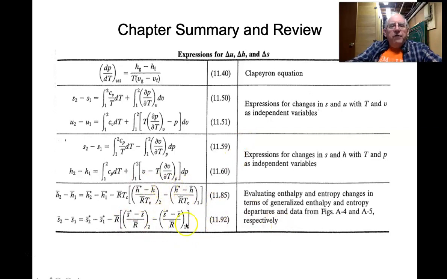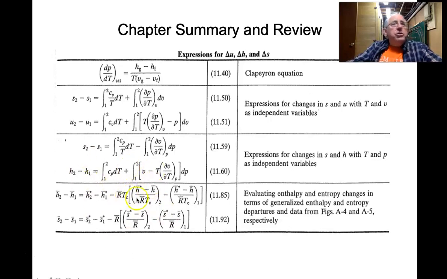And then we finished off the chapter discussing the concept of a real gas behavior. One of the options that we have when we are studying gases, we can either assume it's a perfect gas, an ideal gas, or now we have the capability of having a real gas behavior.